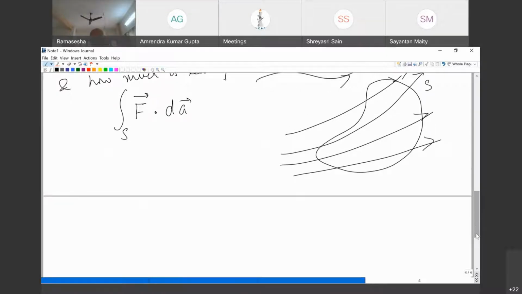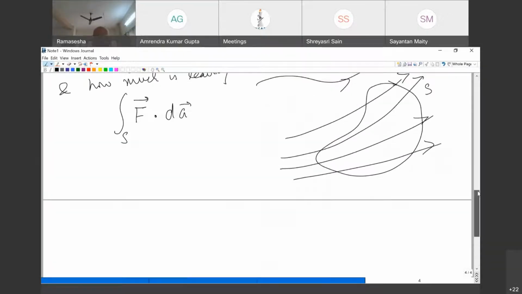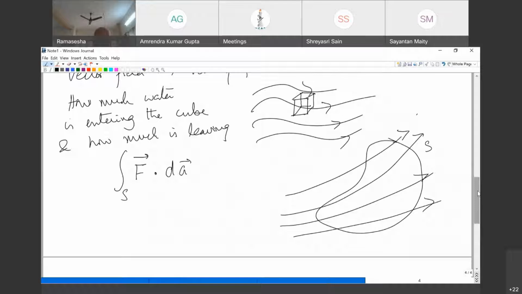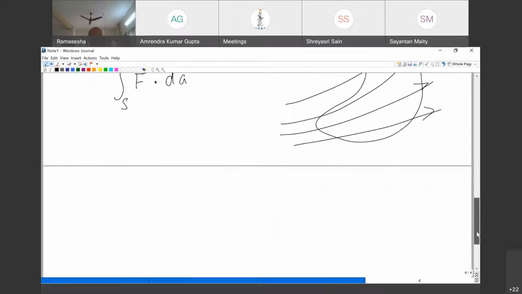Because A is normal to the surface, it tells me how much is entering and how much is leaving, because A has a direction as well as positive and negative senses.